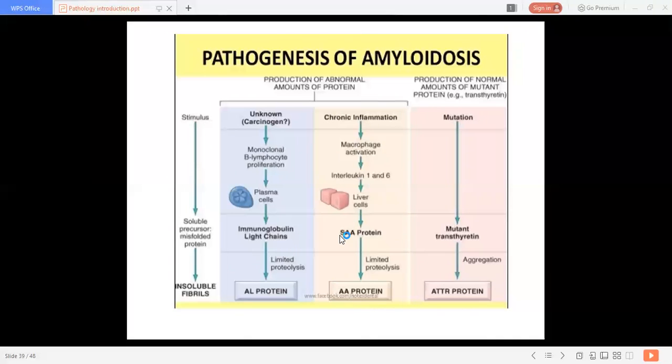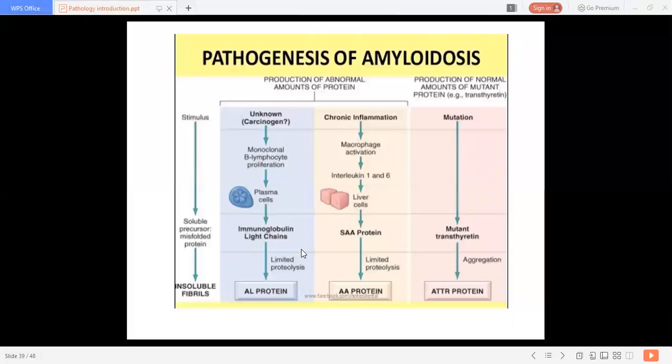Then the next step is nucleation for fibrillogenesis. All these things, that is nucleation and all, take place in that particular cell.